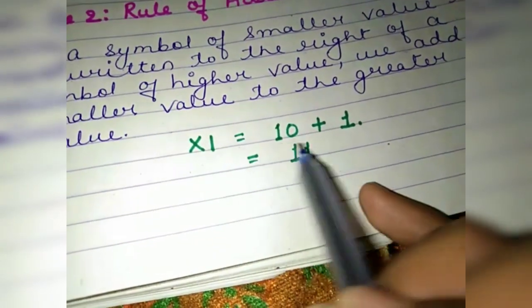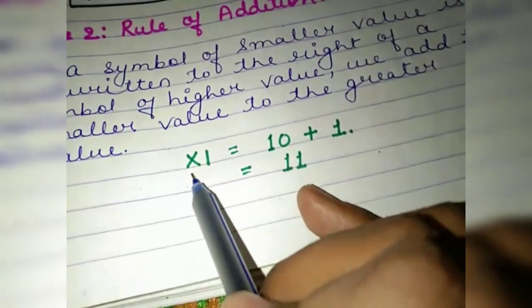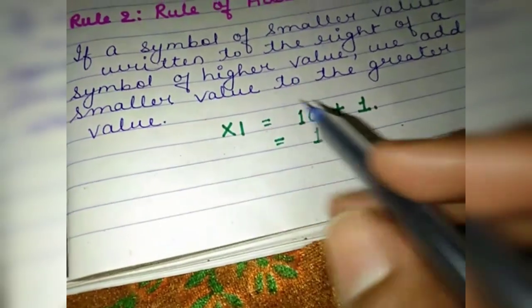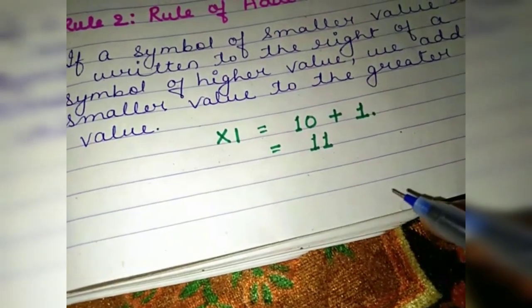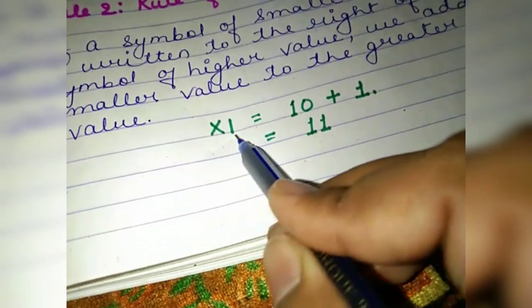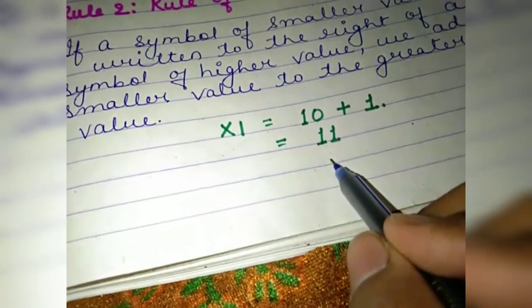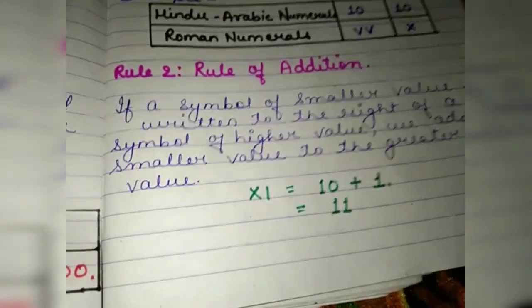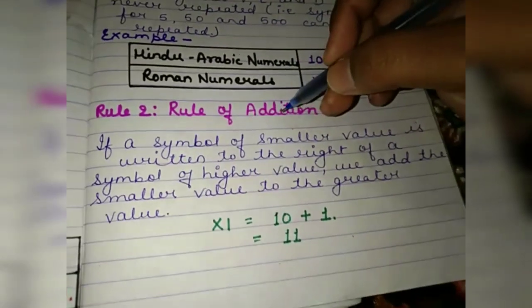And the symbol for 11 is XI. So the Hindu Arabic number for this Roman numeral is 11. Clear? This is rule number 1 and 2.